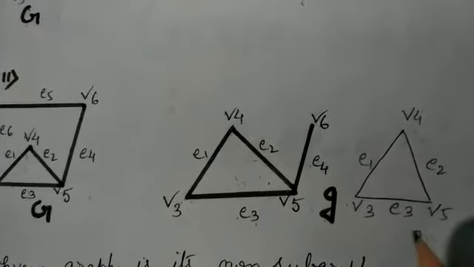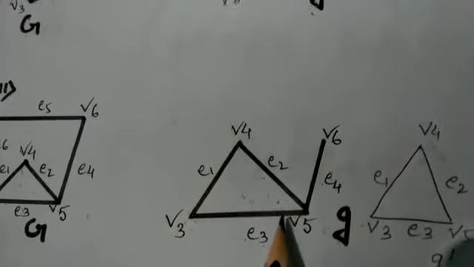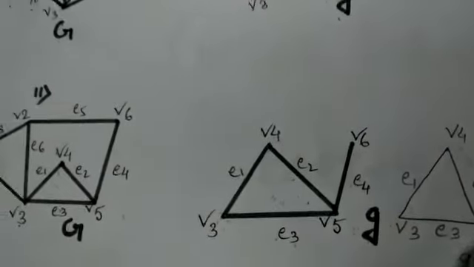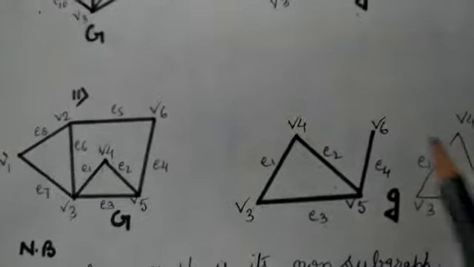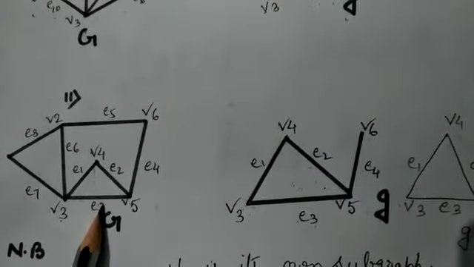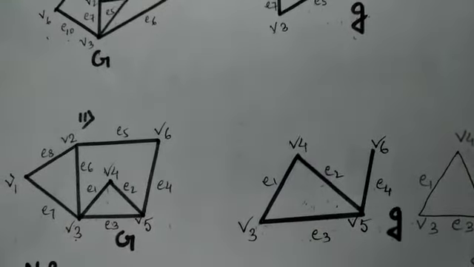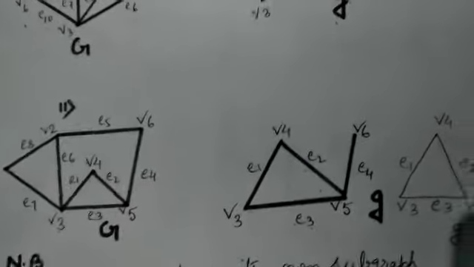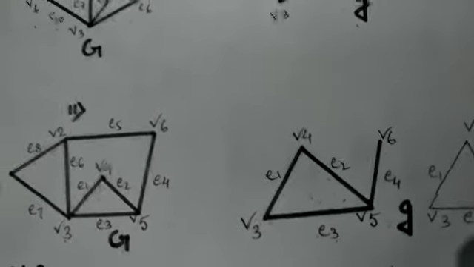Take it as G dash. This G dash is a subgraph of small g, so it is also a subgraph of the original graph G. Even a single vertex in a graph G is also a subgraph of G, or a single edge in G together with its vertices is also a subgraph of G.